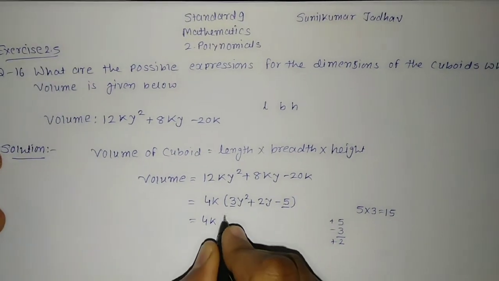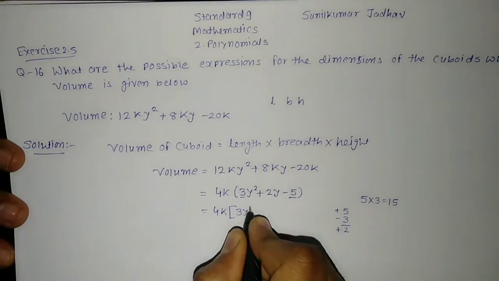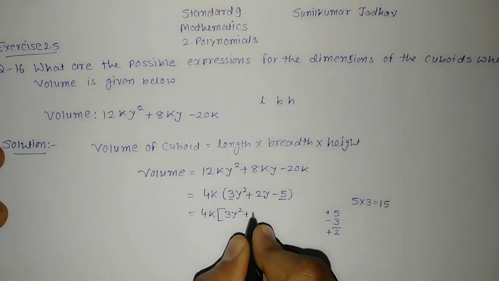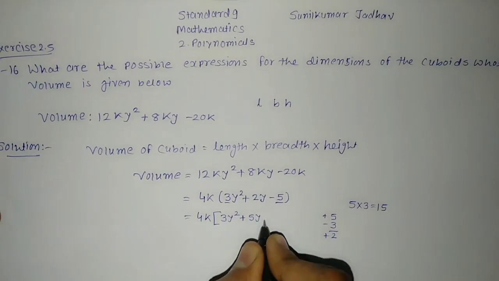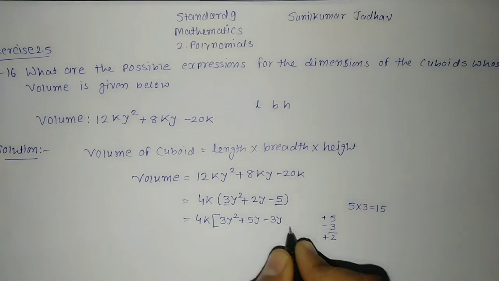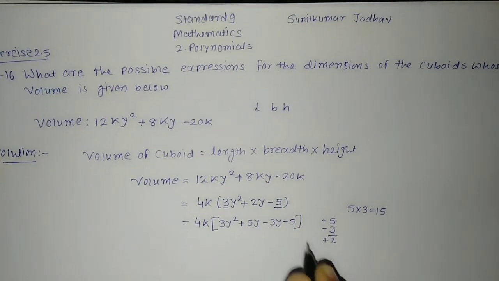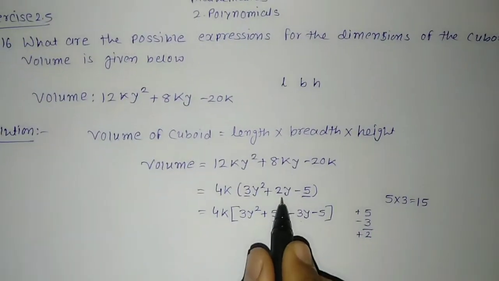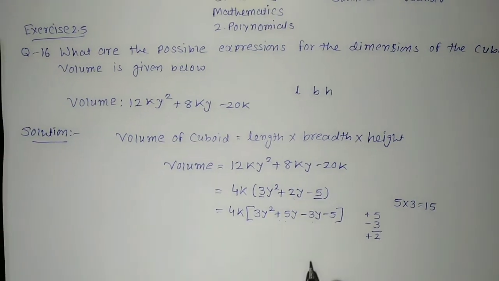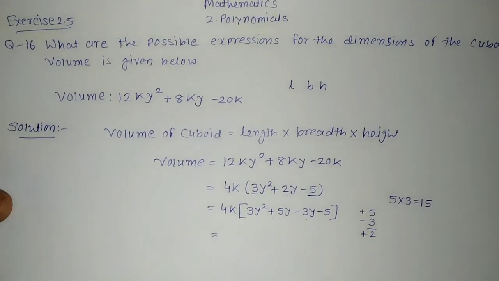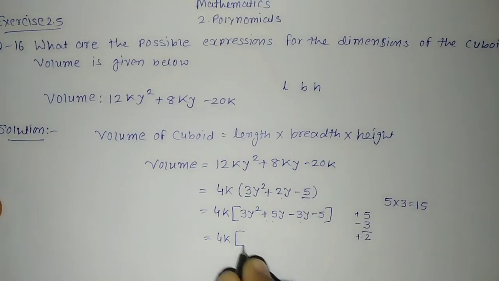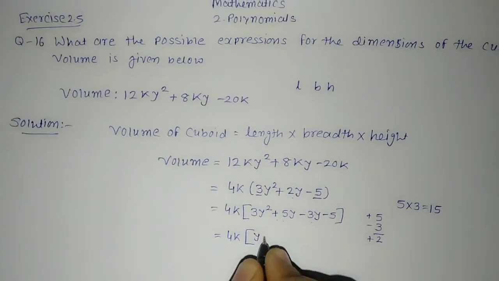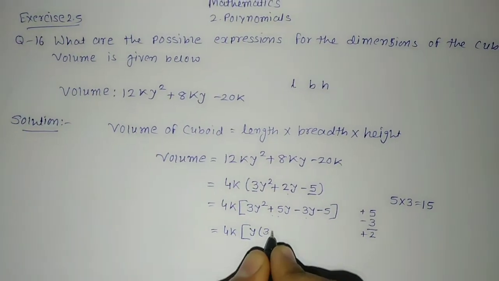So I will write the first term 3y², then plus 5y minus 3y, minus 5. You can see 3y² as it is, 5y minus 3y is equal to 2y, and the greater term sign, minus 5. Now we take common factors. In 4k(3y² + 5y − 3y − 5), from the first two terms, y is common, so 3y remains in the bracket.